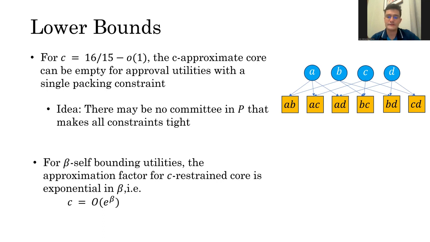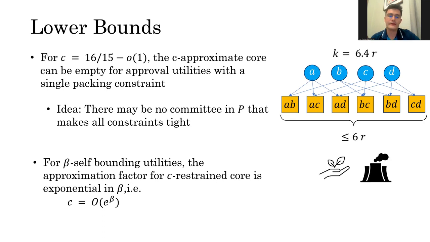We set a budget of 6.4 R and a packing constraint of 6 R over all the candidates. Intuitively, the reason why no outcome can lie in the exact core is because there is a gap of 0.4 R between the actual number of candidates that can be selected and the stated budget constraint.